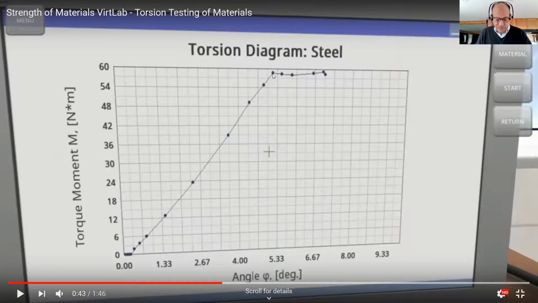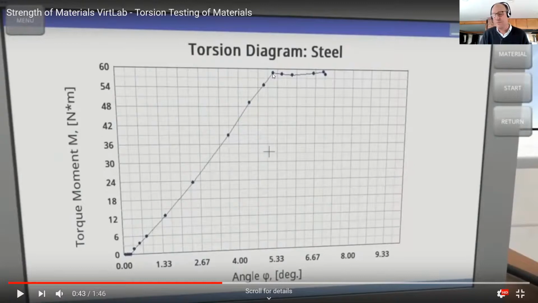And then I want you to find what the maximum shear stress is, because the maximum shear stress at the very end of that linear line that you see on the screen is going to be equal to the torsion times the radius, which you found in part B, divided by the polar moment of inertia, which you found in part A. And that's going to give you, in megapascals, the maximum shear stress for iron just before it goes from the elastic region to the plastic region, right?